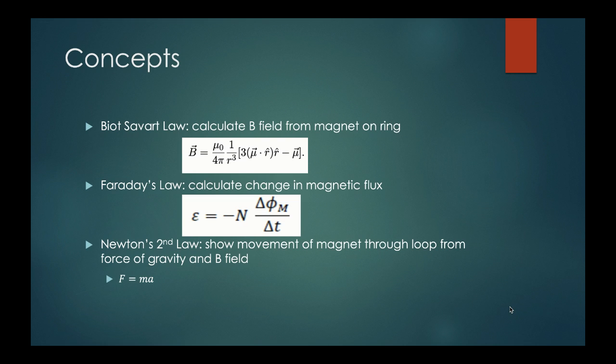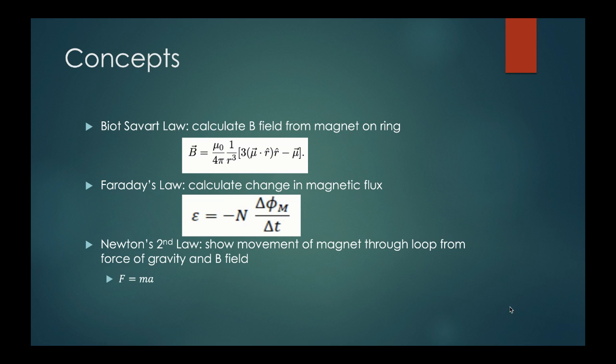So the main concepts we used in this lab, first of all, was the Biot-Savart law, which pretty much calculates the B field from a dipole at any point relative to the dipole. And this was used to calculate the B field from the magnet on the aluminum foil at all the different points in our code.